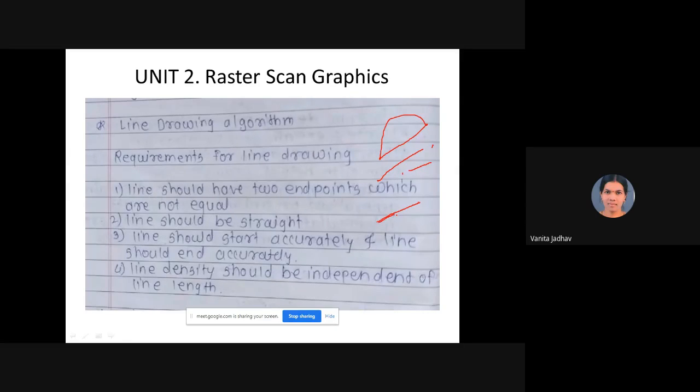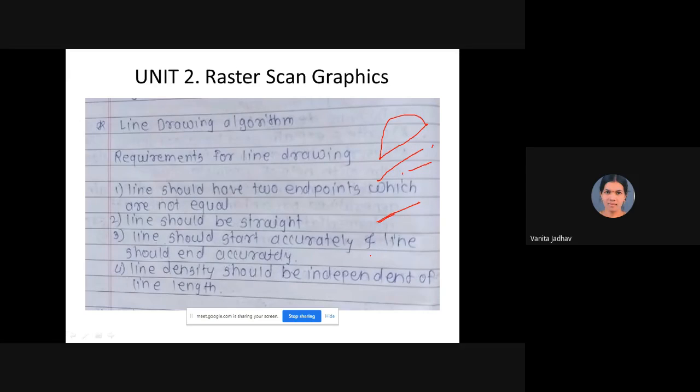Whatever number of pixels I draw on the line, each pixel should have the same density and the same color. The pixels should not differ in color; one pixel may be white and another red or faint red, which should not happen. This is called line density. So whatever the line length, the density should be constant throughout the line from start to end. These are the four basic requirements for drawing a line.